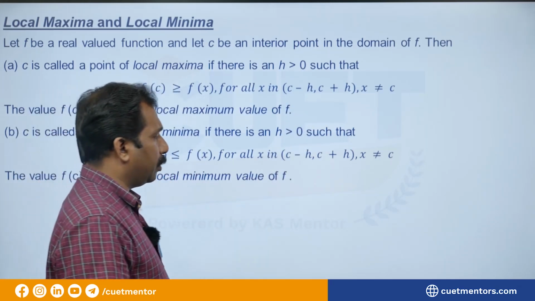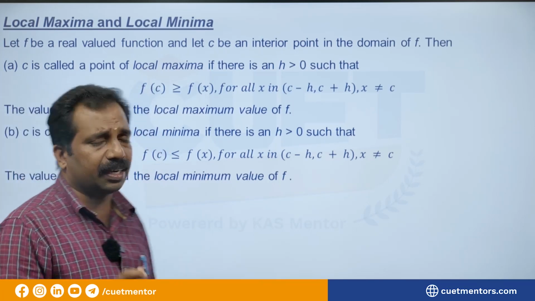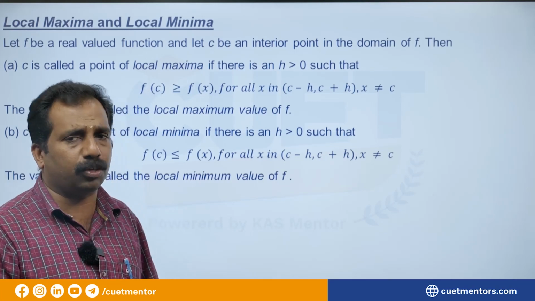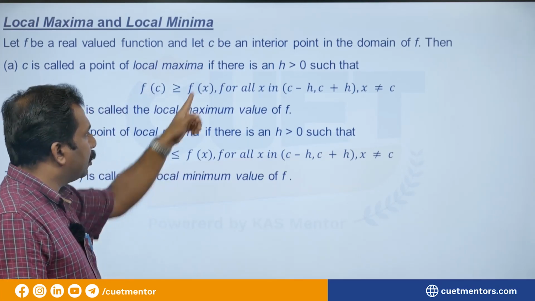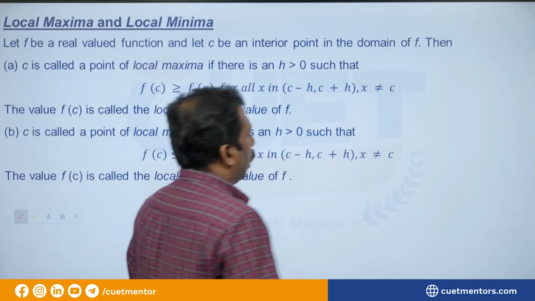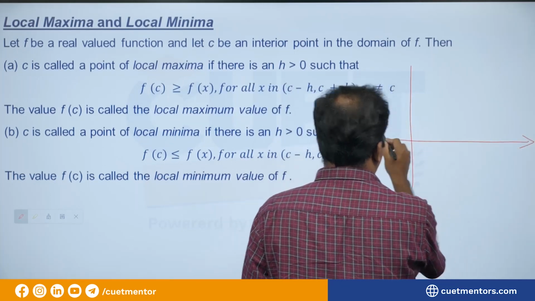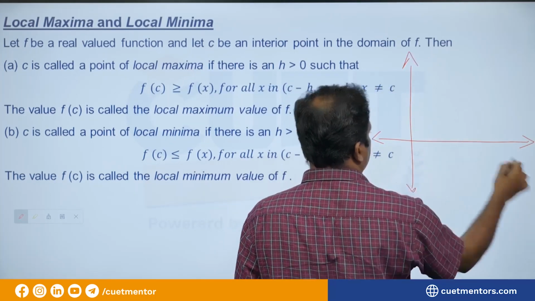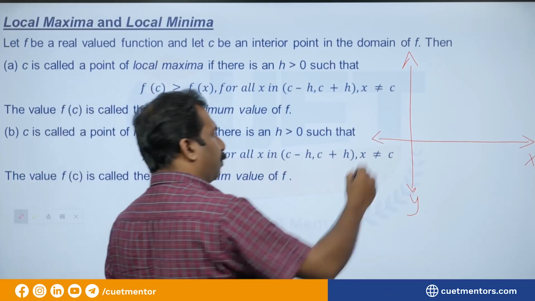While discussing local maxima and local minima, I am going to give a geometrical interpretation of maximum value and minimum value. Then we will come to the geometric interpretation of local maxima and local minima. Suppose there is an x-axis and a y-axis. I am going to consider a function.